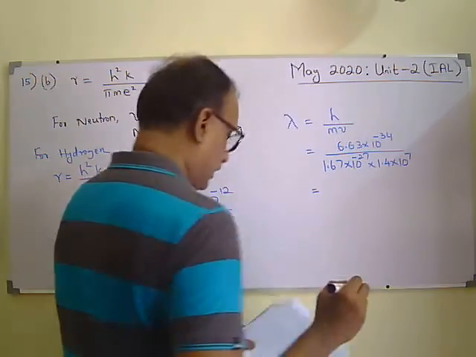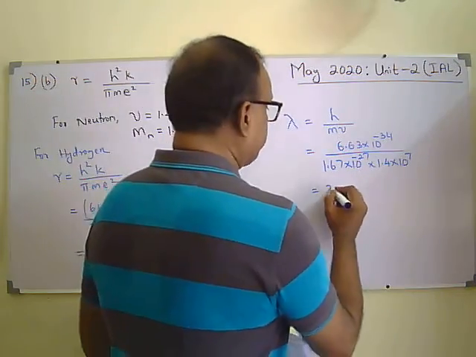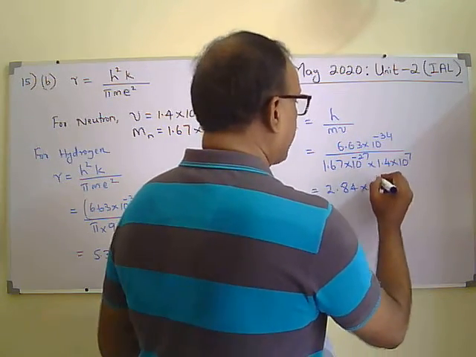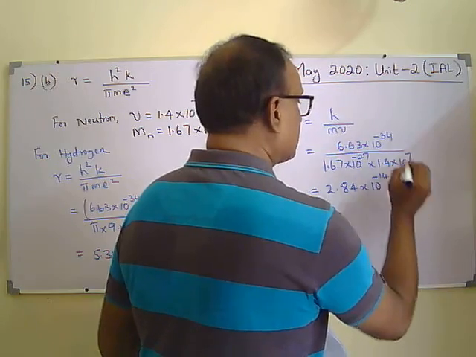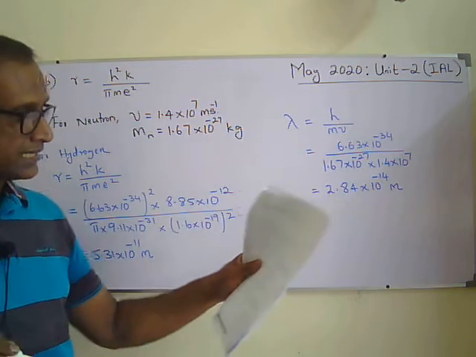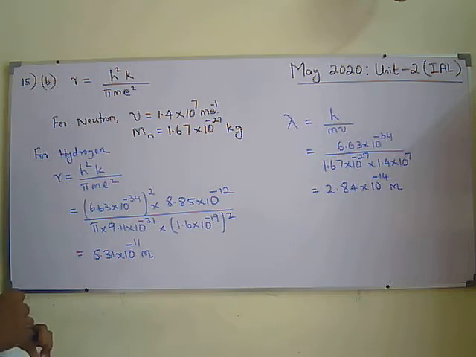If you solve it, that value will be 2.84 × 10^-14 meter. Now you can see they are completely different. So the student's statement is incorrect. That's the final conclusion you should give. It's an incorrect statement.